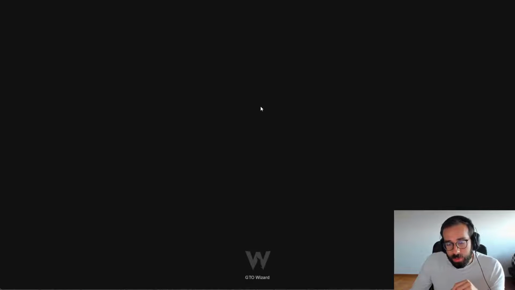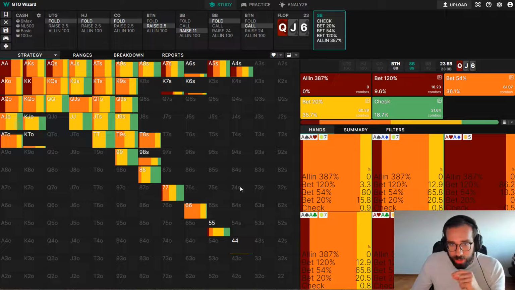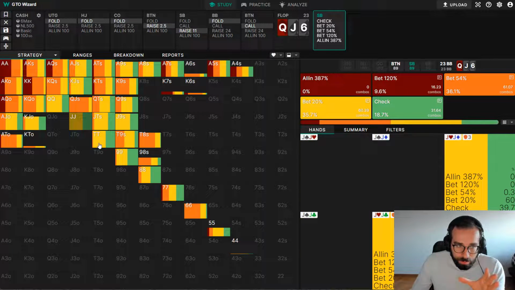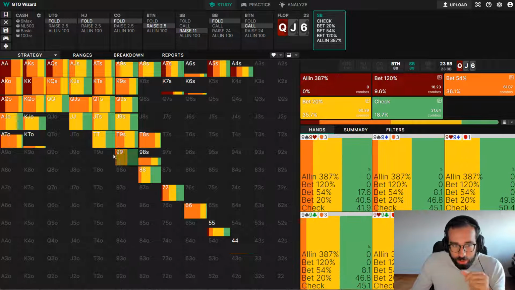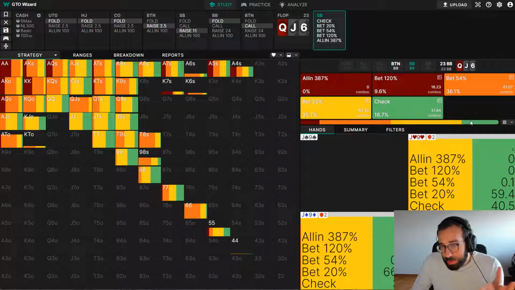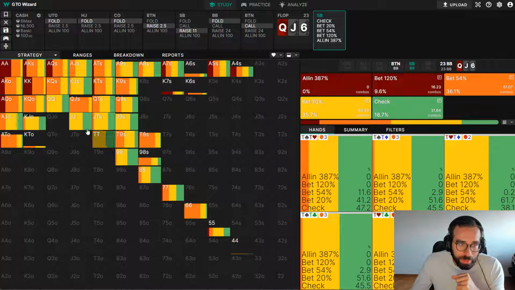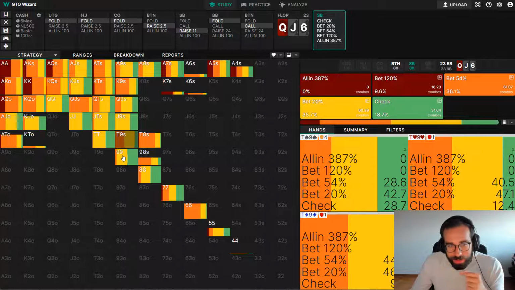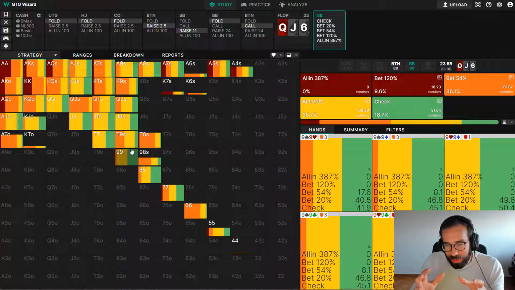But even if we go to look at the whole solution, as you see, there are some hands which are checked a decent amount of times. We like to bet a lot, as I said, and the sizings are pretty much various. But yeah, you know, these kinds of hands, pocket nines on a board like this, low equity hands, let's say, it's gonna be difficult to improve.